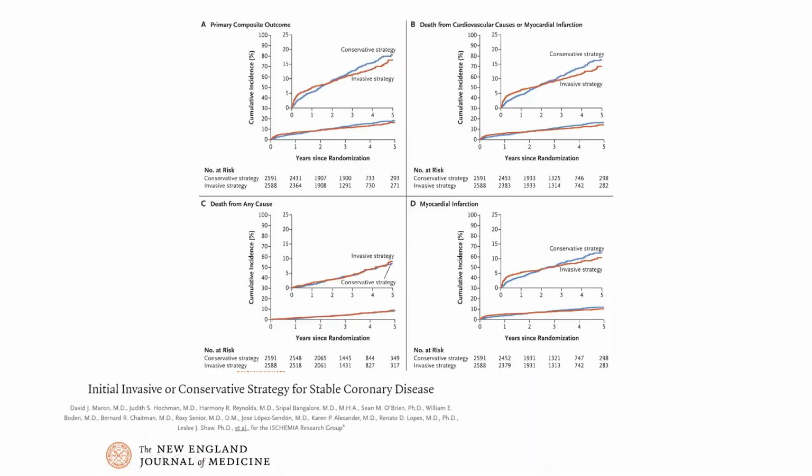Now, I want you to remember that intervention and revascularization is of tangible and robust outcome as far as acute coronary syndrome is concerned, but not so much so in chronic coronary syndrome.